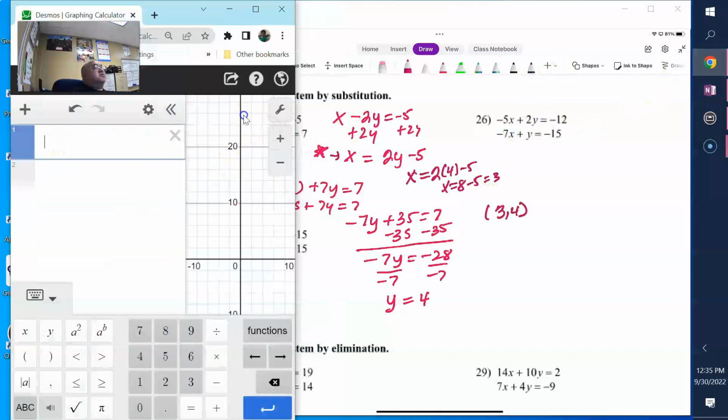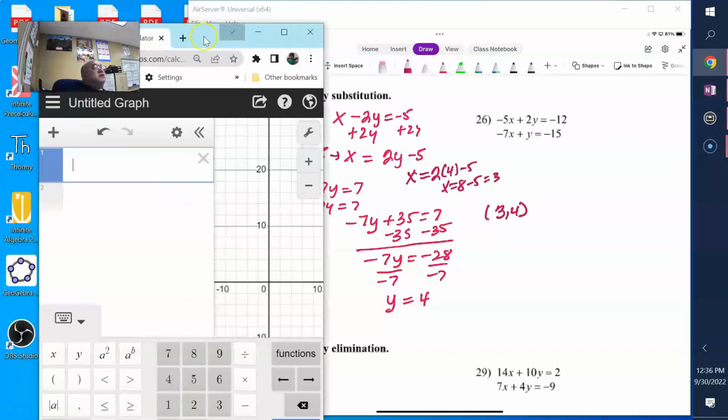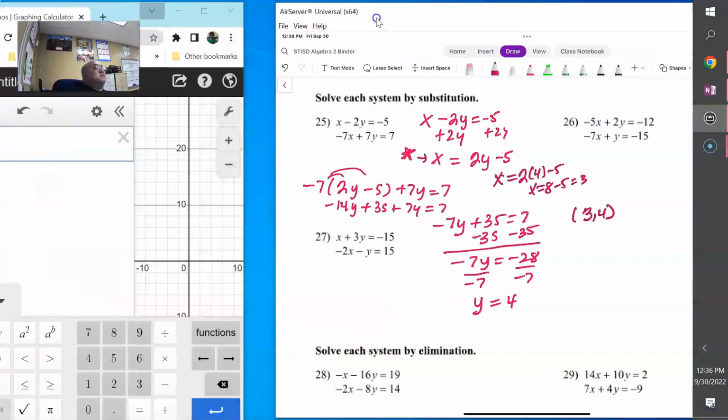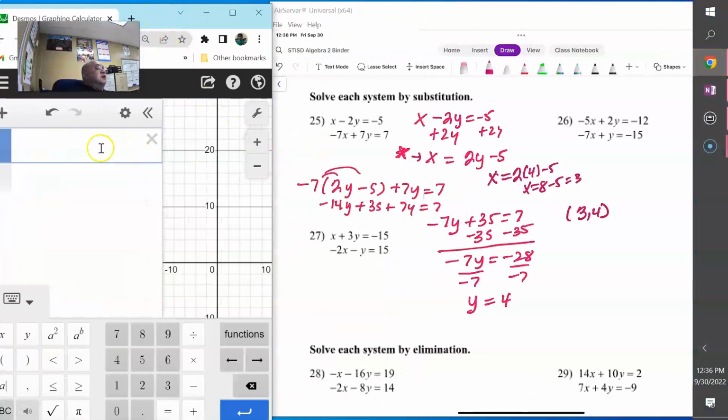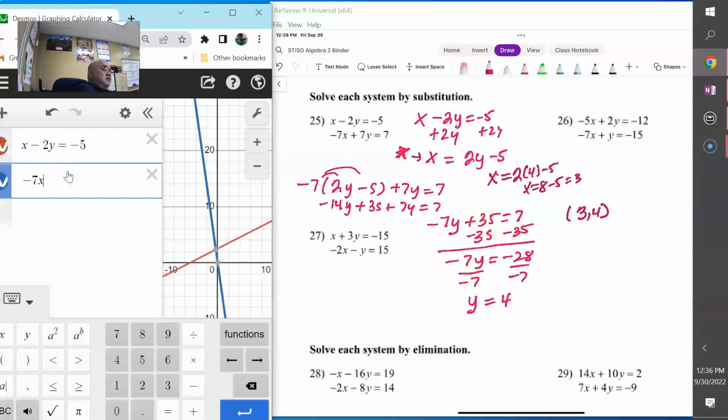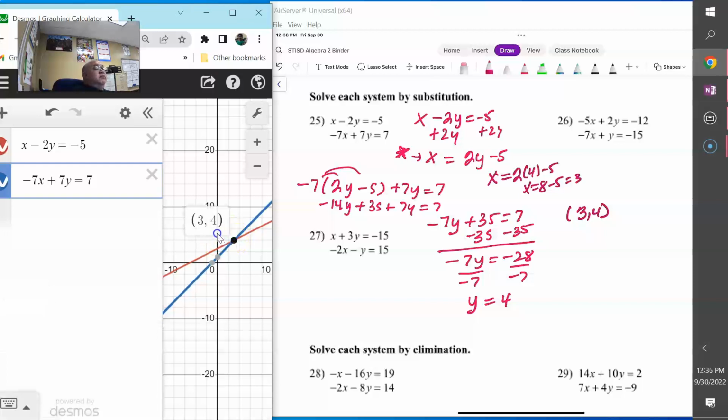So we go to Desmos and just type in both equations. So we have x minus 2y equals negative 5. And then the other equation is negative 7x plus 7y equals 7. And the answer was 3, 4. So there's the answer, 3, 4.